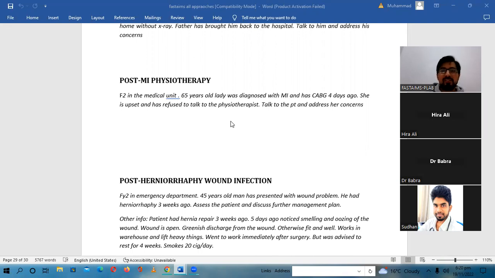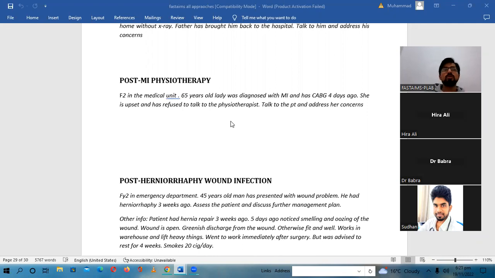But she has been referred to the physiotherapist, Miss Sarah, who has asked the patient to start exercising and walk around, to start mild to moderate exercise, with which this patient is not happy. So the patient is a bit upset, and she has refused to talk to the physiotherapist.